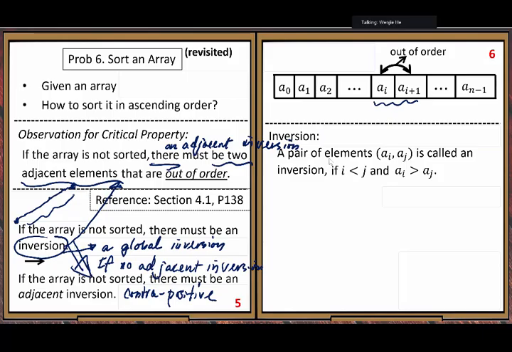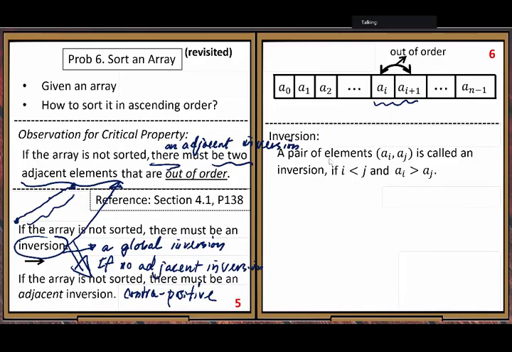Every adjacent pair, when we compare, is not an inversion: the second one is always greater than or equal to the first one. Then when you reach the end, you get an ascending order array. So simple, right? That's how we can see this stronger version of the statement.